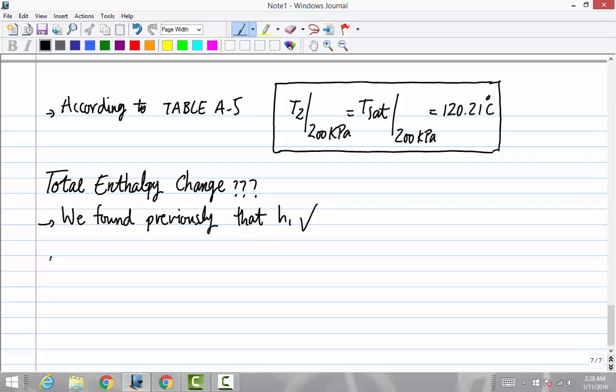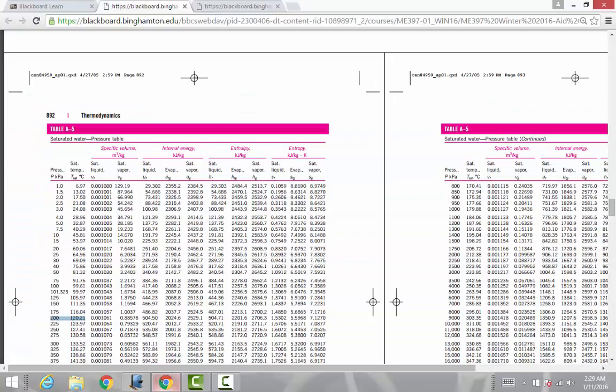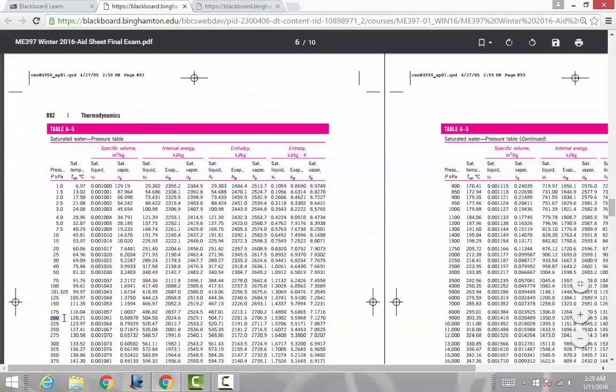So once again, table A-5. Why? Because we are at a specific pressure here, 200. So we're looking for enthalpy. These three last numbers are the enthalpies, and we are at saturated vapor. See, look at the top. So saturated vapor all the way down to here, 2706.